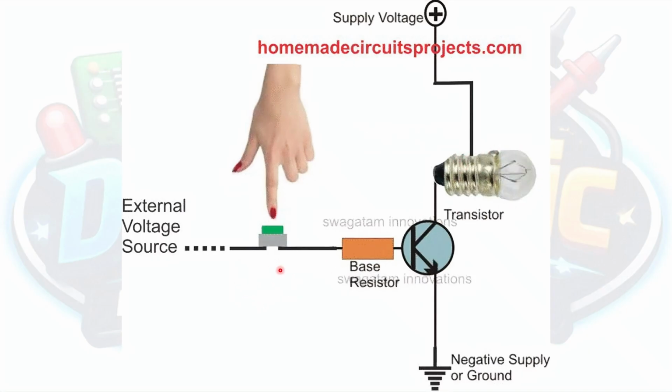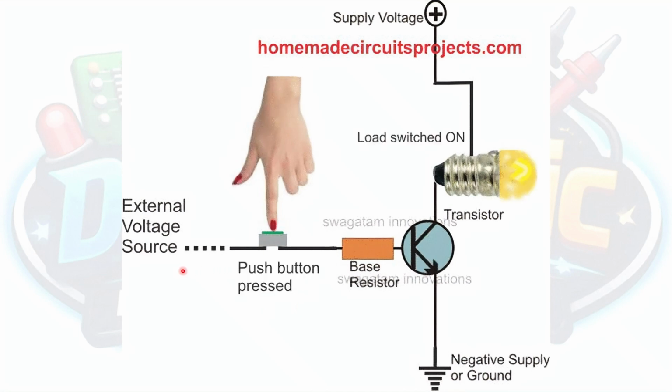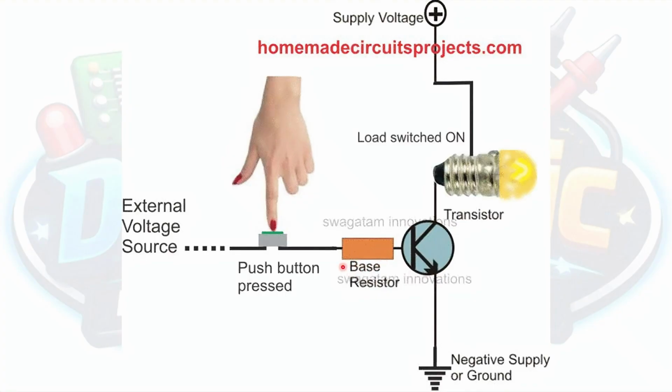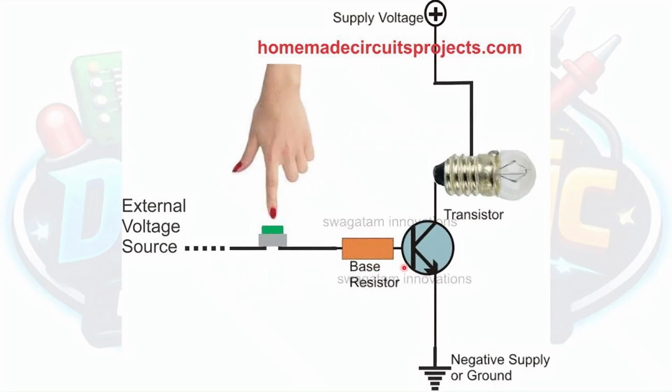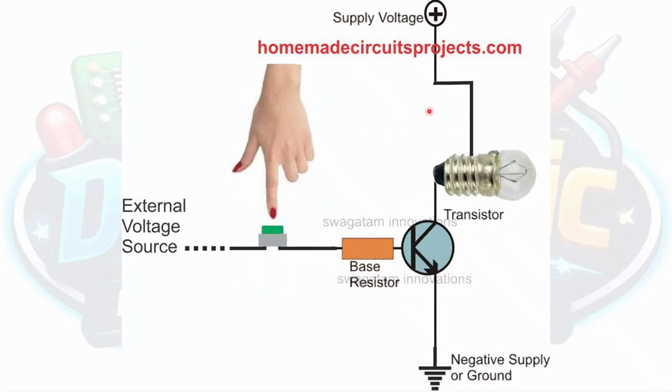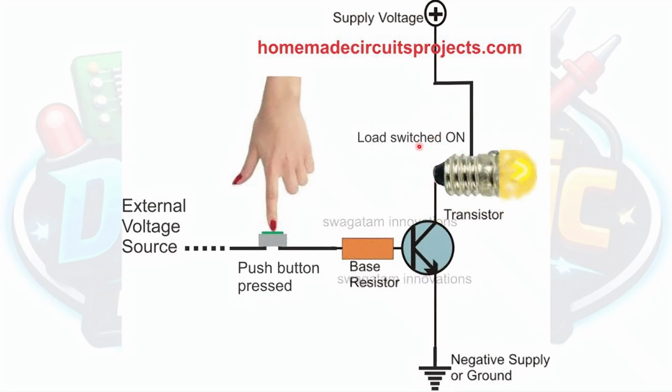Now, when the push button switch is pressed, the current produced by the external voltage source will flow to the base resistor. And when that happens, the base current flowing through the base resistor will be amplified by the BJT, producing a larger collector current. Now, that collector current, if large enough, will turn on the bulb.